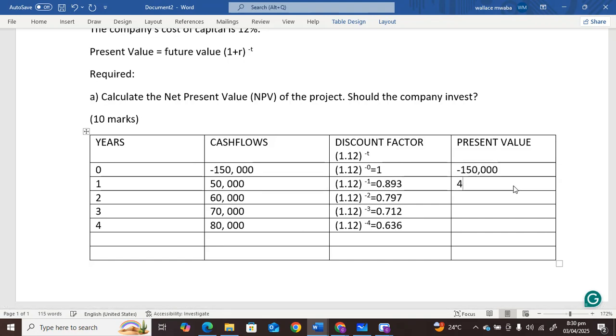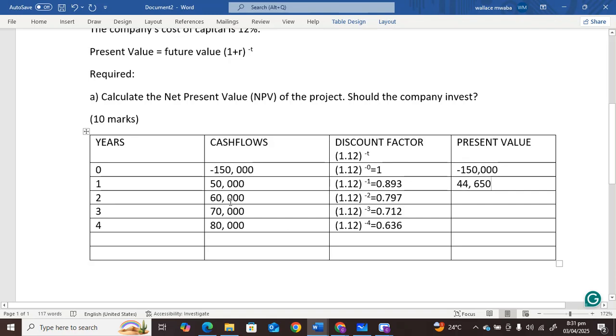Okay, 44,650. So basically, this 50,000 which you receive in the first year, in today's value, it's 44,650.